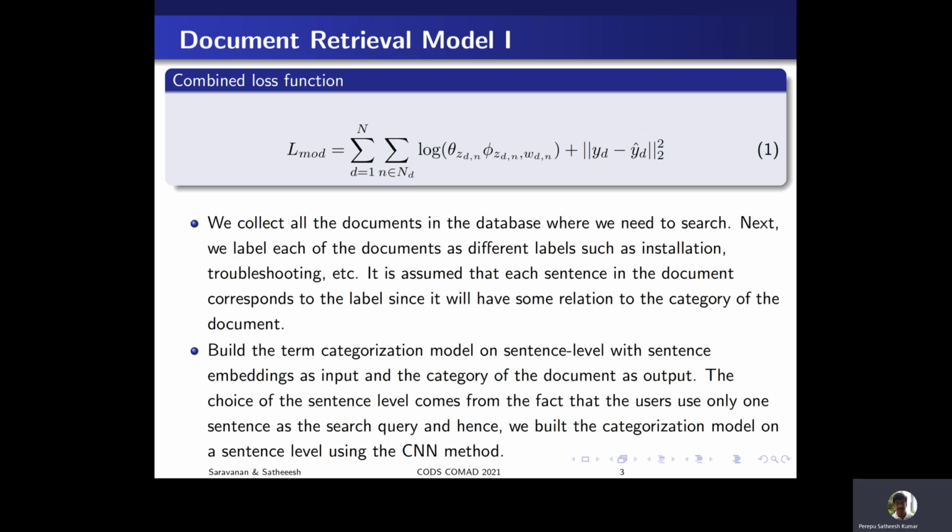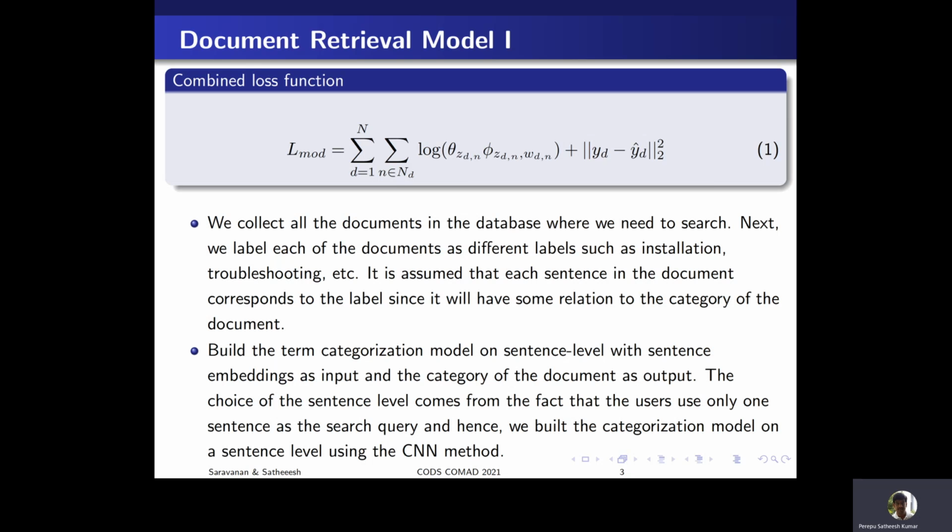So this is the document retrieval model. I'm giving only brief details on this document retrieval model. People can refer to my paper for additional information. Now what we are doing is constructing the knowledge graph. On the top layer, we are using a simple document categorization model.